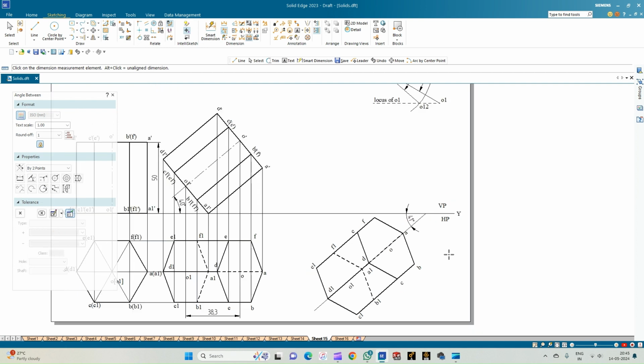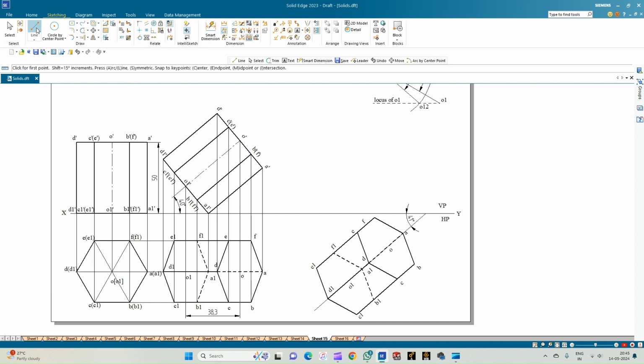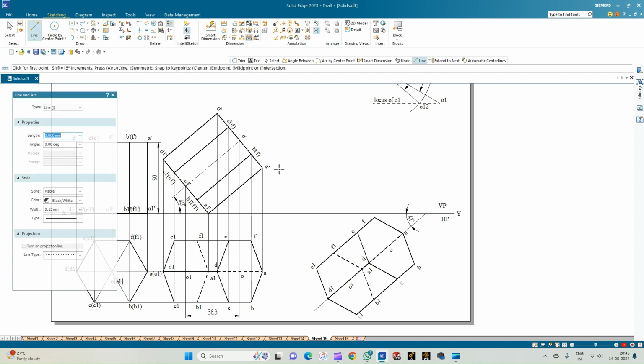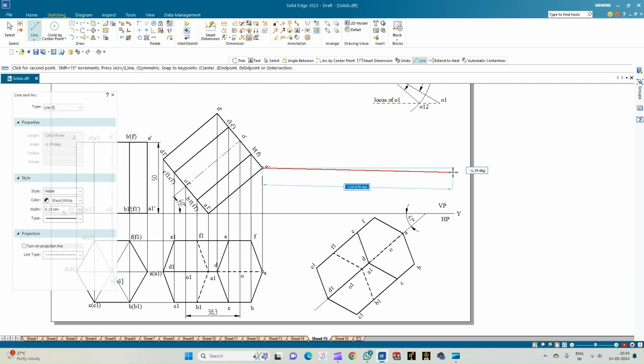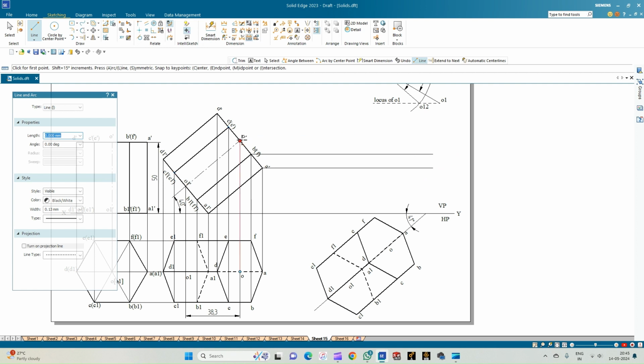Now let us draw the projection lines to get the front view of this condition. Let us select the line of thickness 0.13. Now let us draw the horizontal projections from the top face of the prism in the front view.